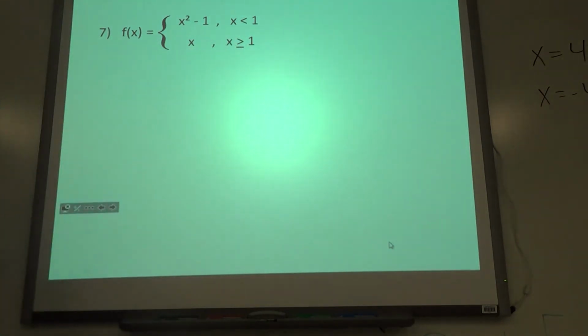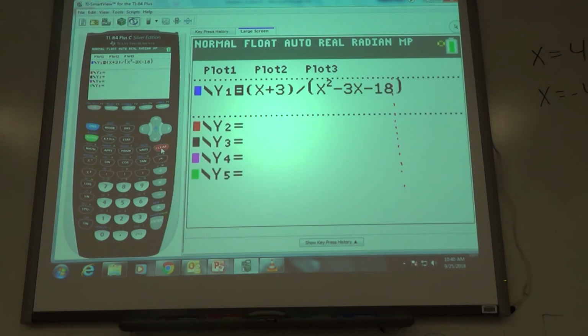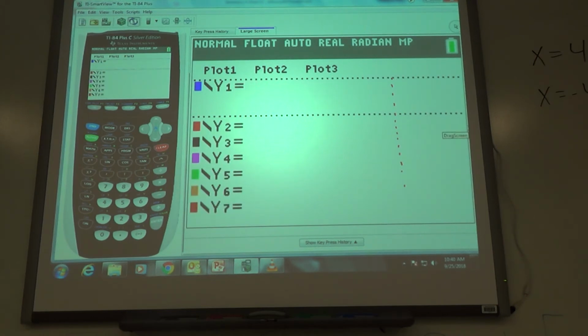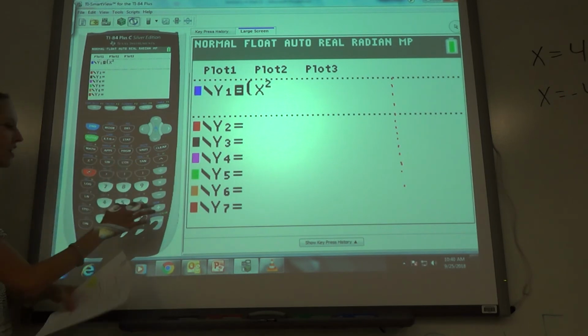I am going to graph this, but I'm thinking I probably need to look at where x is 1, because that typically, with a piecewise function, is the one that you should be concerned about. Now hopefully you remember how to do this, because this is something you should know how to do.